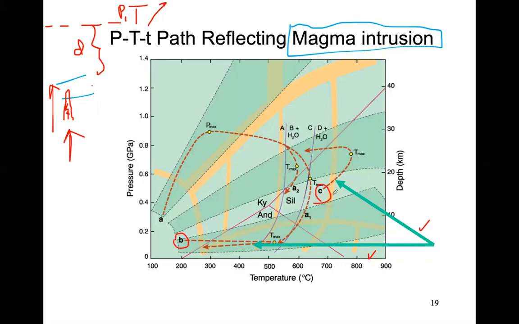Okay, so already you have some high temperature there. See, it's already high temperature, right? For the part C, also some high pressure level is already there at depth. So when the magma intruded, temperature increases, as I said.